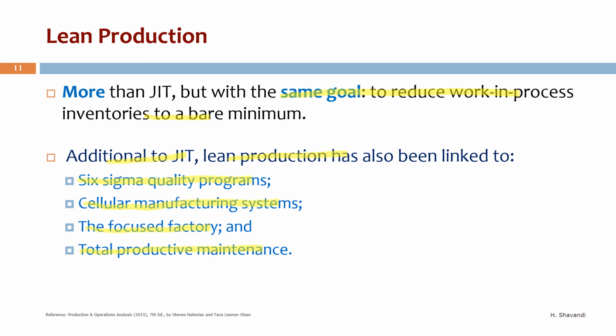In this chapter, the main focus is on MRP, and we just had an introduction to just-in-time, but we are not going to go into more detail on just-in-time. Our main focus in this chapter is on MRP. Thank you.